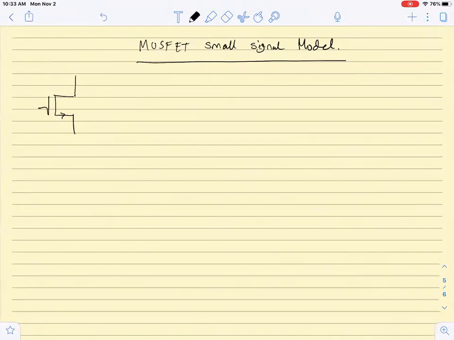So I have a transistor where the input signal VGS is equal to VGS DC plus little vgs, which is the small signal. We said that for amplification we are going to operate in the saturation region.